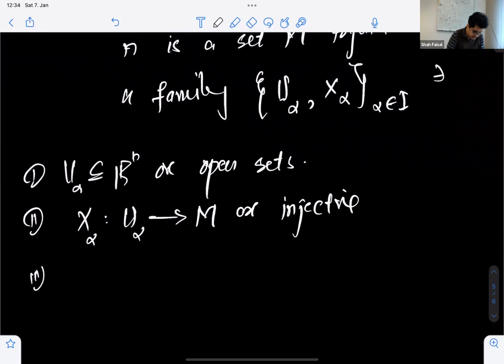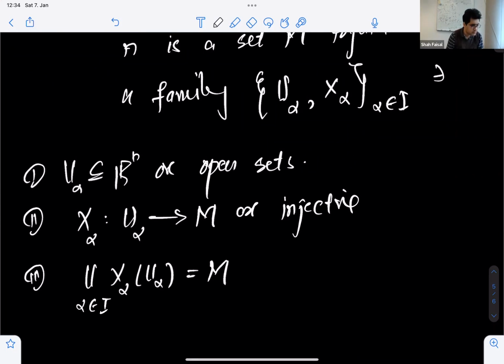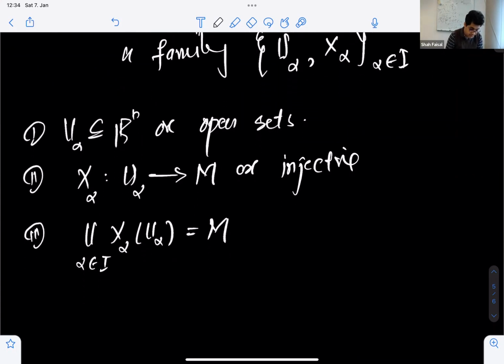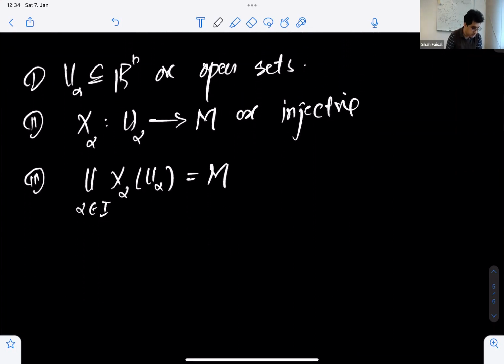And the third condition is you want to do calculus around each point. So the union of the images of these maps should cover the whole set M. And you want the calculus to not depend on the choice of these maps. So let's say you impose the following condition.